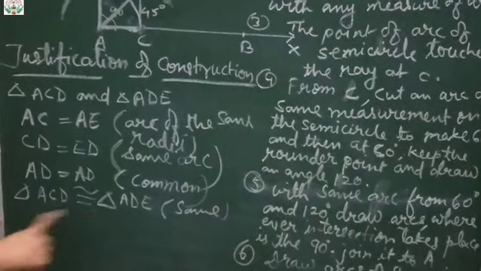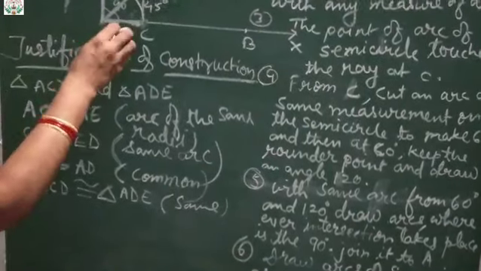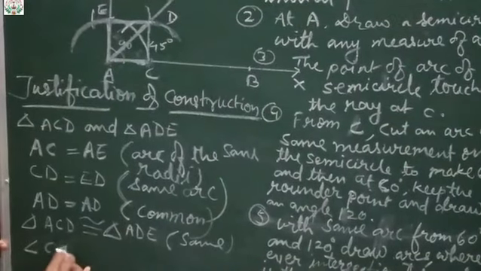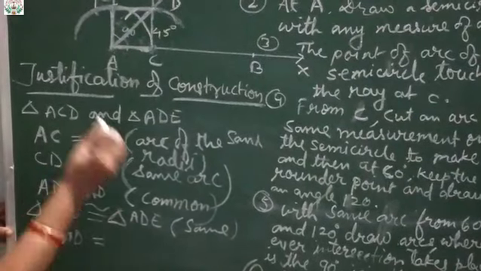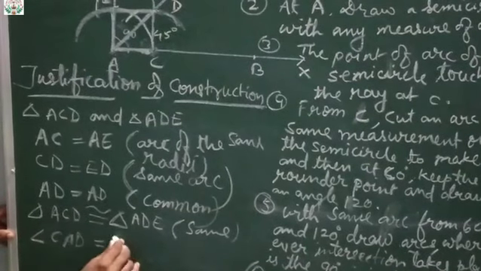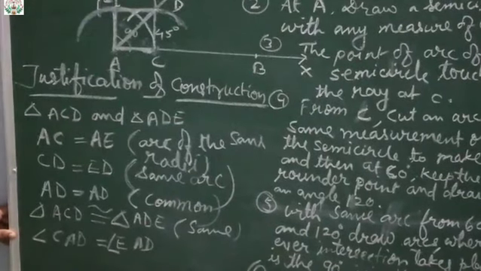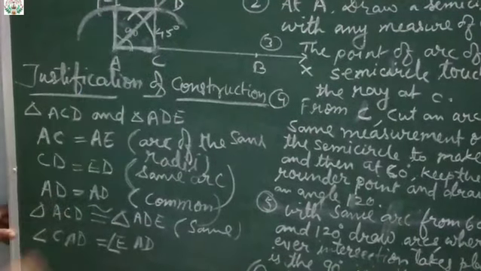Okay. Triangles are same. Now when they are same, this angle CAD is equal to angle EAD. This angle will be equal to this angle.